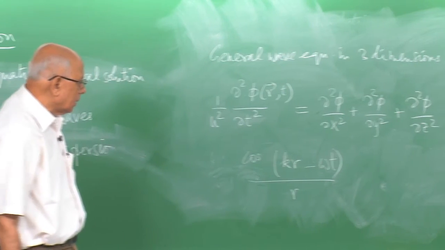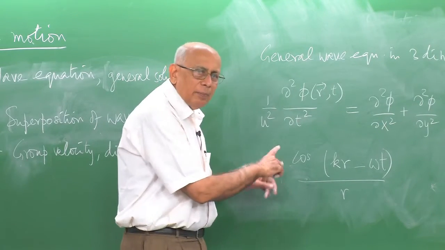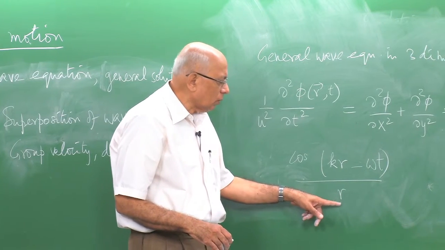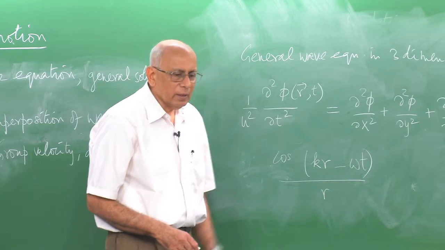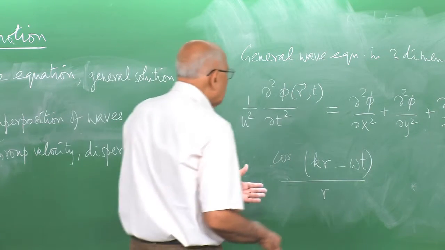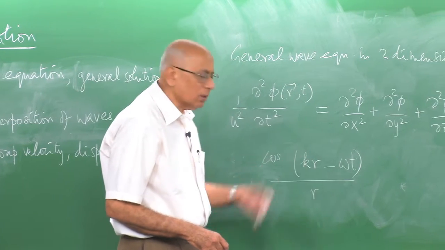in 3 dimensions, so that the square of this amplitude, the amplitude must decrease like 1 over r, so that the square of it goes like 1 over r squared, compensating for the increase in the surface area by a factor r squared. This kind of thing is called a spherical wave.